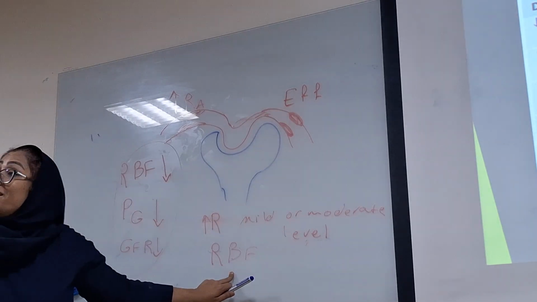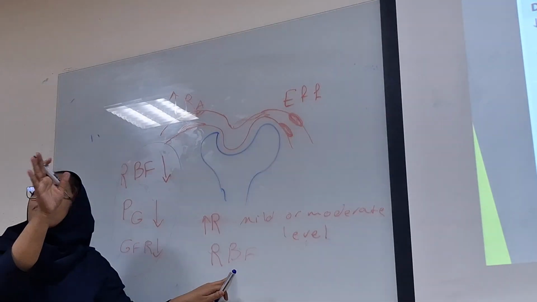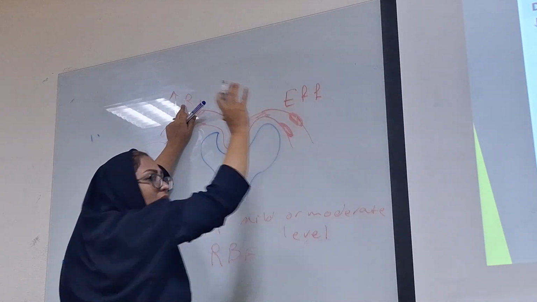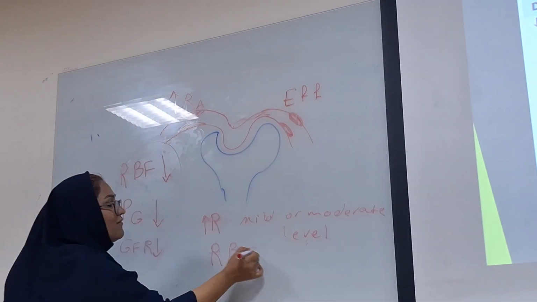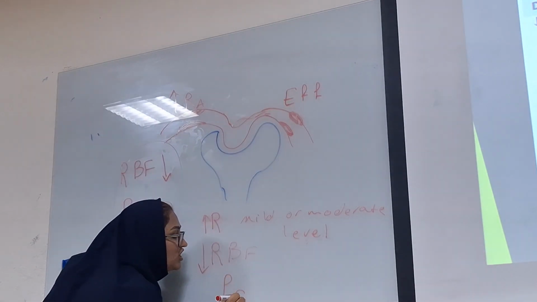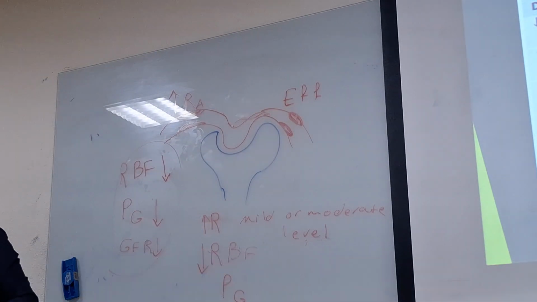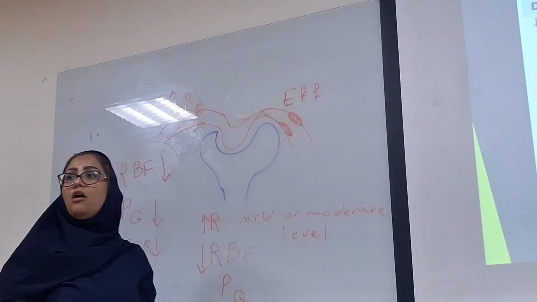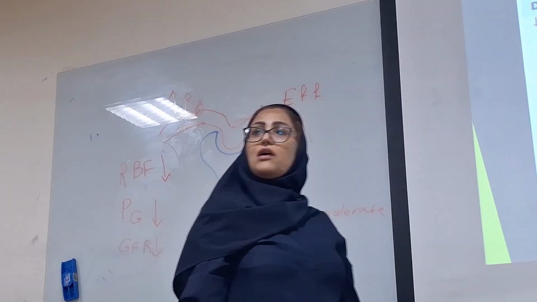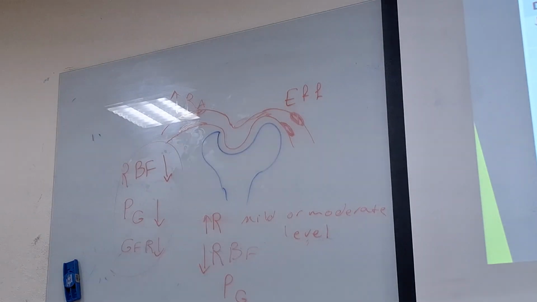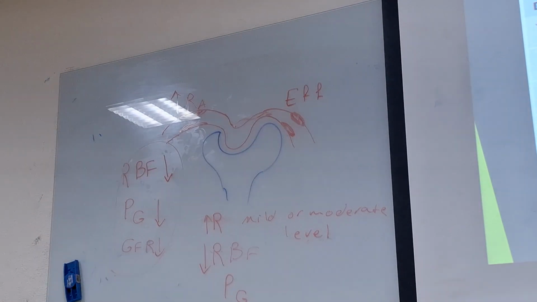They decrease, all the time. If I increase the resistance here or here, RBF and RPF always decrease. What happens for PG? It should increase, because blood is collecting in the glomerulus.